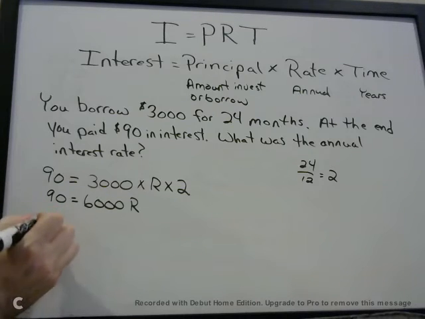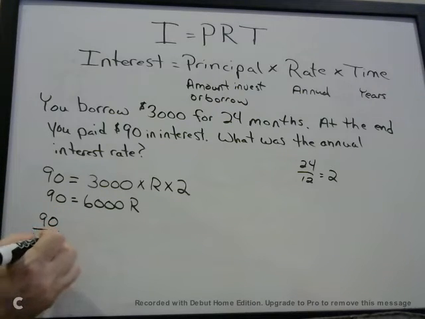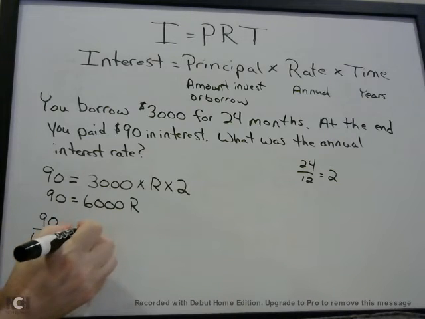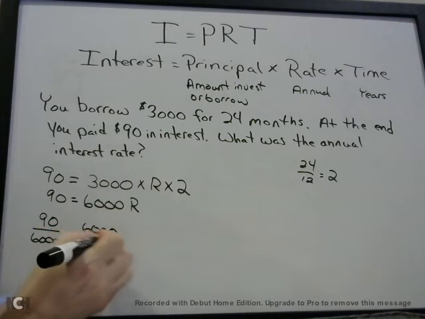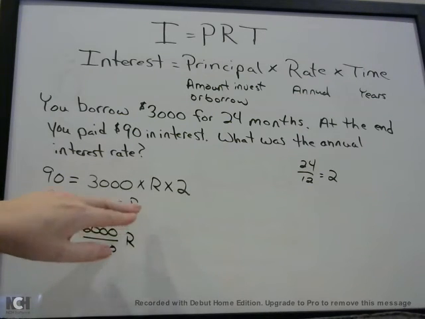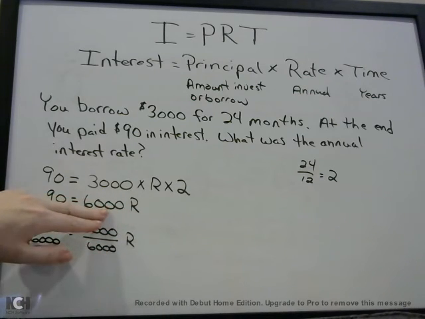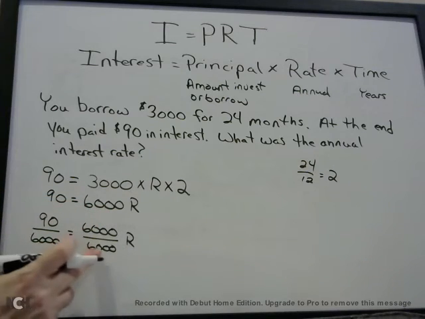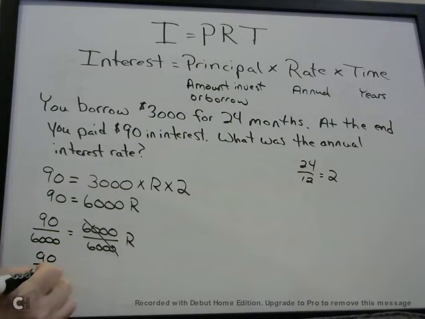So we're going to go 90 divided by 6,000 equals 6,000 divided by 6,000 times R. So I'm just trying to get R by itself, so I'm going to divide by 6,000. 6,000 divided by 6,000 is 1, so that essentially goes away. So we're left with 90 divided by 6,000 is what our rate is.